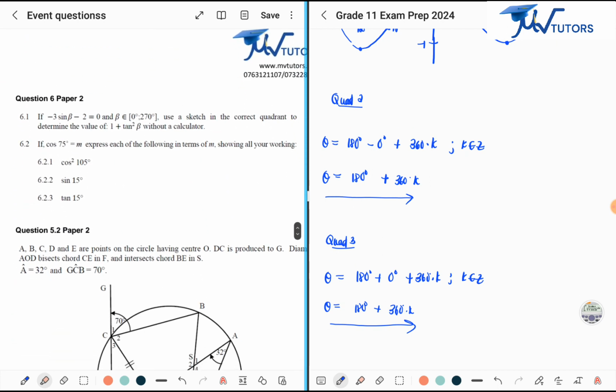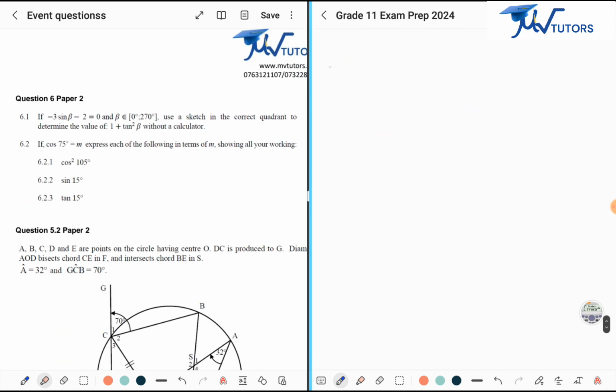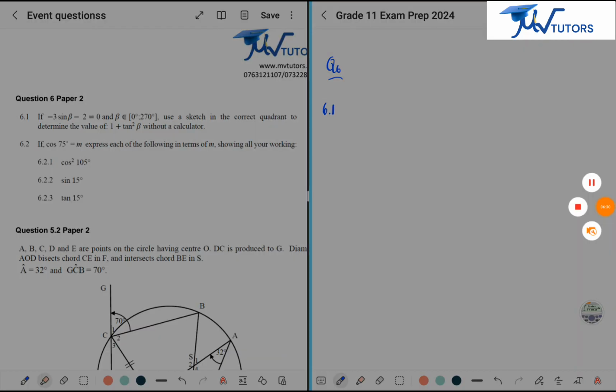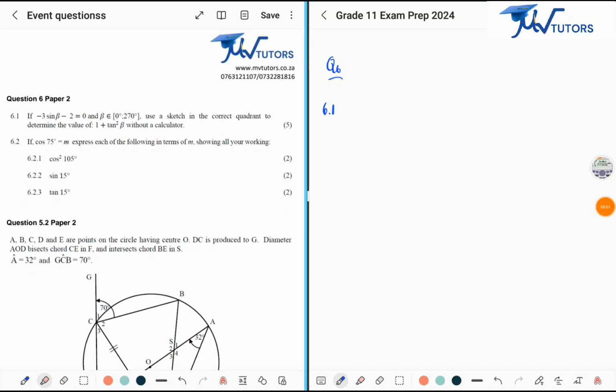And now we get to question number 6. So yeah, let's have a look at that. All right, question 6.1. So it says if negative 3 sine beta minus 2 is equal to 0, and beta is an element of the domain from 0 degrees to 270 degrees.